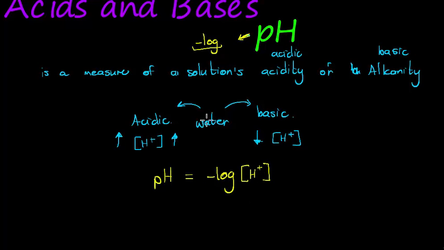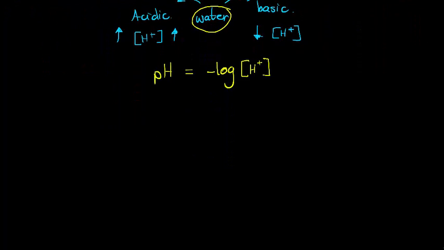Now, since water is the starting point, we are literally taking water, adding a substance to it, calling it a solution, and then testing whether the solution is acidic or basic. Let's look at water itself.